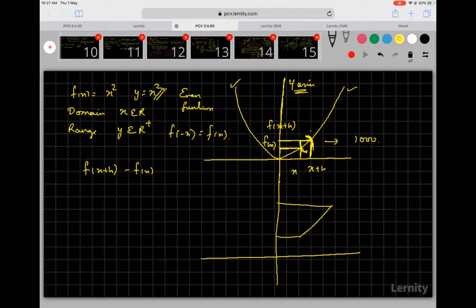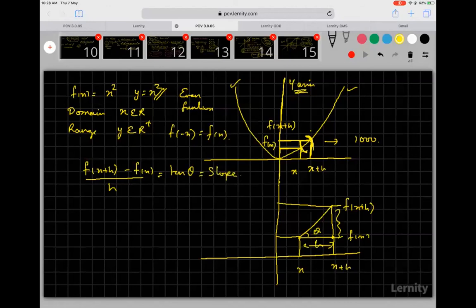This is f of x plus h, this is f of x, this is x plus h, this is x. So what is this distance? h. What is this distance? This much. So when you're dividing it by h, what are you doing? You are trying to find out tan theta. What is tan theta equal to? Slope.